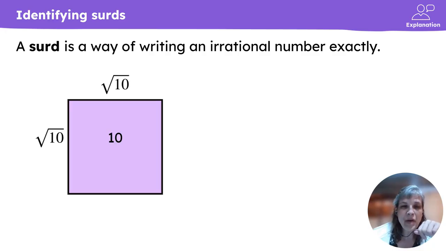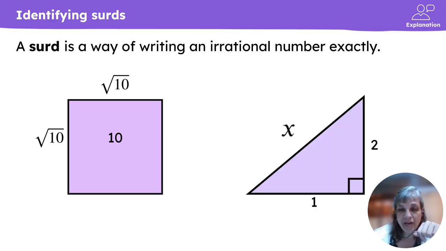Now think about if you had a square, and I told you it was 10 units squared for the area. Well, what would be the two sides of the square? They would have to be root of 10, because root of 10 times root of 10 would give me exactly 10 as the area.